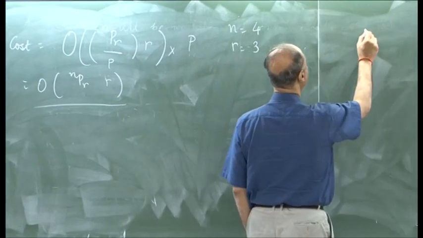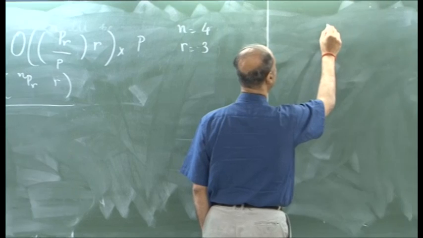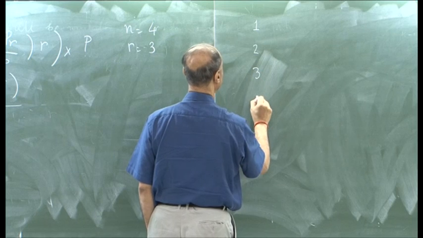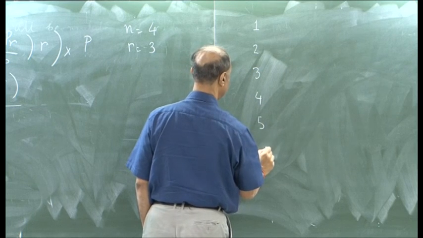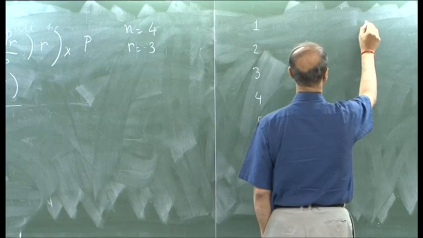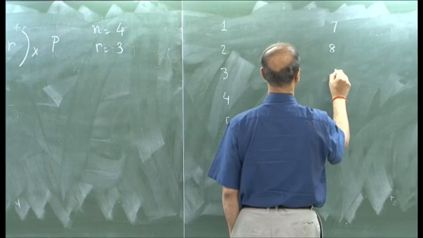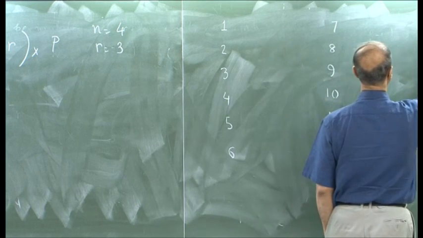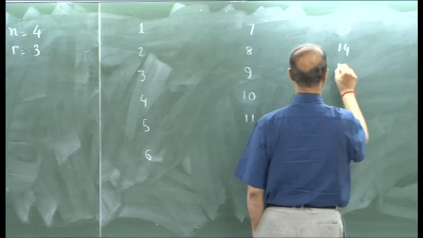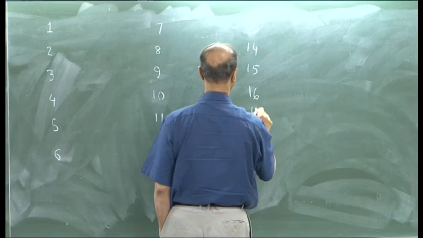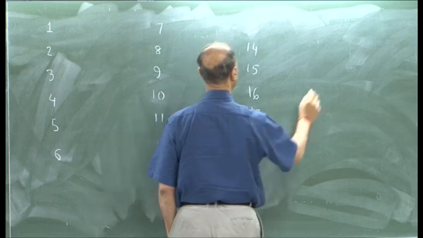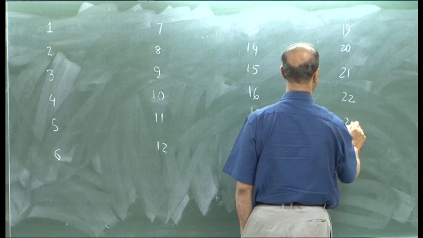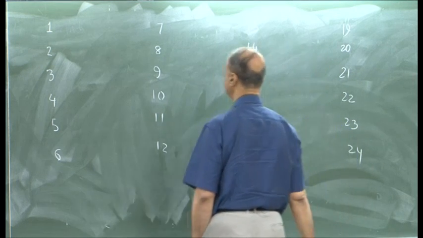Initially, there are 24 rows, 1, 2, 3, up to 24.